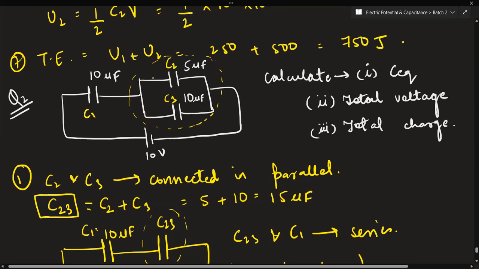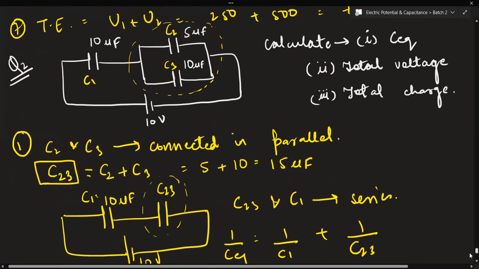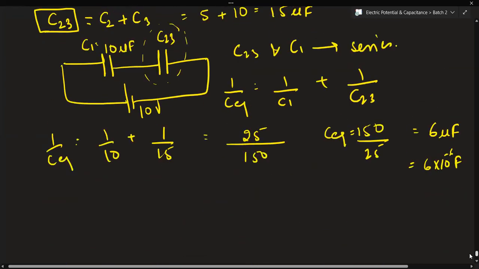But you are able to identify C2 and C3 are definitely connected in parallel. You can see branching. This is how parallel combination is made. Since we know the formula of parallel combination, we can easily reduce this. Now we are able to see C1 and C23, both of these are definitely connected in series. So we were able to solve the further parts.